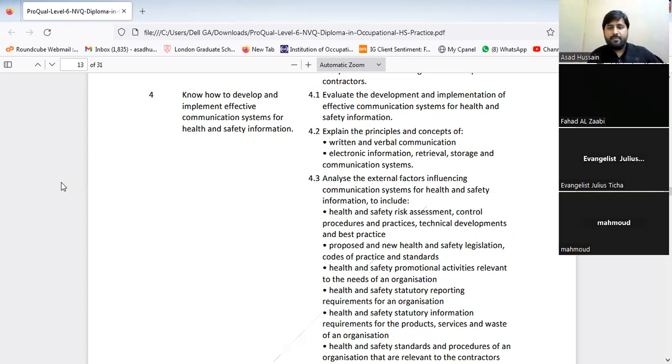And what about the verbal communication? Verbal communication, like what training session you are using, like you are conducting some training session, or you are just conducting some meeting, or you are just giving some information on the telephone. These are verbal communication. Is it okay, Mahmood? Yes, yes.